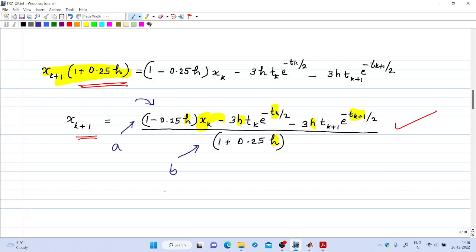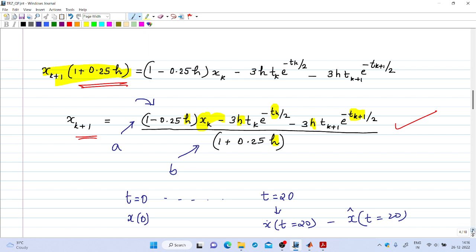Now the global error at t equal to 20 can be calculated. Starting from x of 0 at t equal to 0, we proceed like that, and at t equal to 20 we will get the numerical solution. Then from that, subtract the exact value of x at t equal to 20.